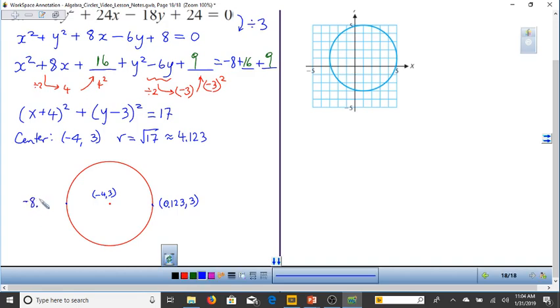And if you go upward, you have -4 comma 7.123. And if you go downward, you get -4 comma -1.123.